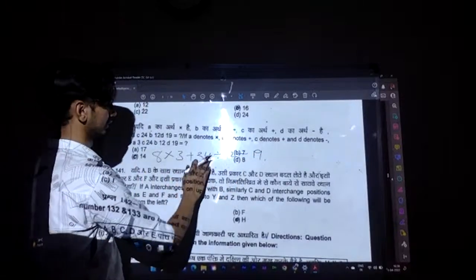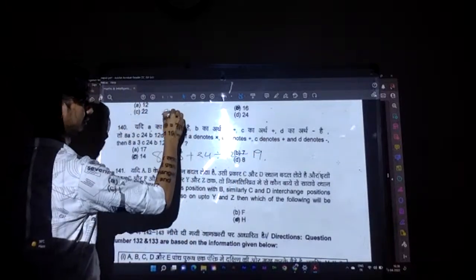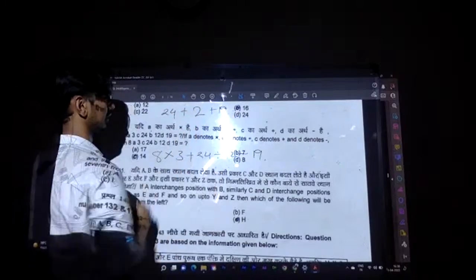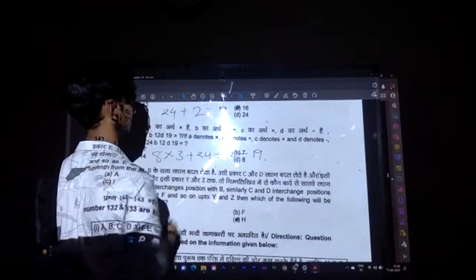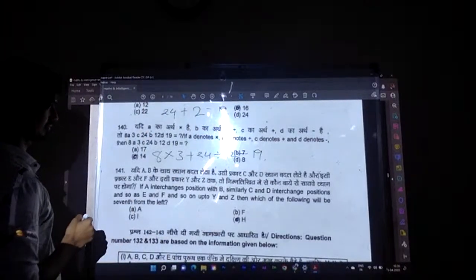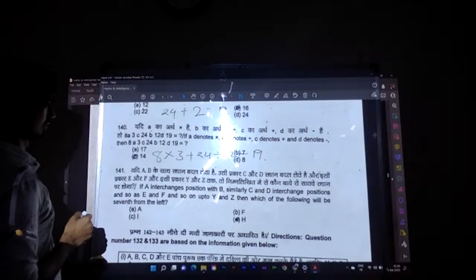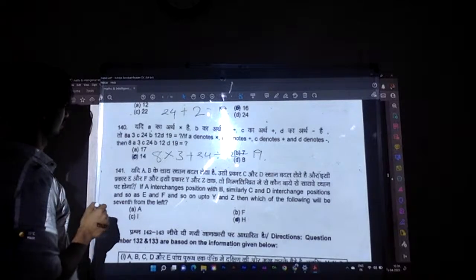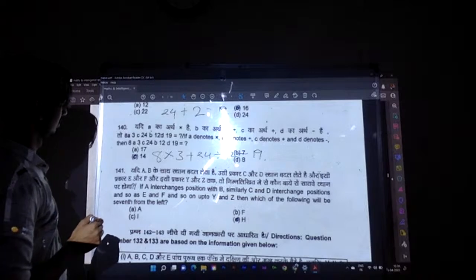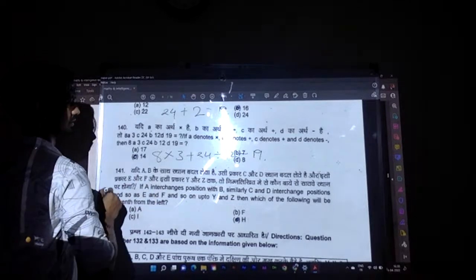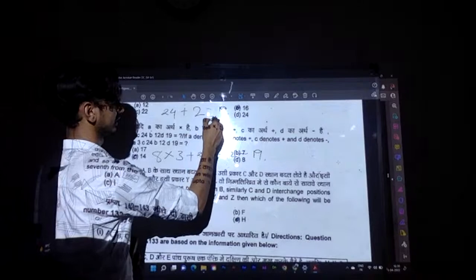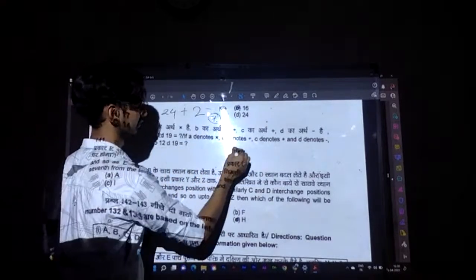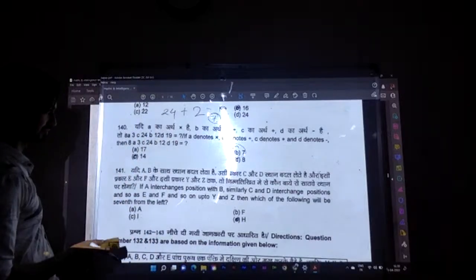So 8 threes are 24, plus 2, minus 19. So the correct answer is 7, and here 7 is given as option number B.